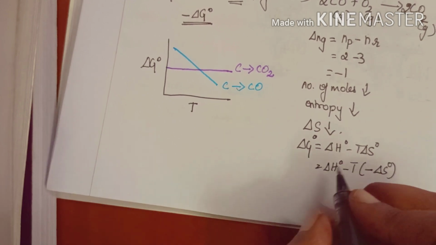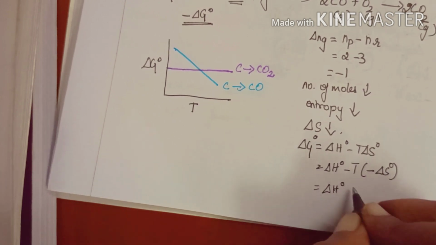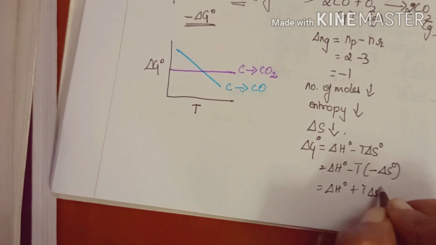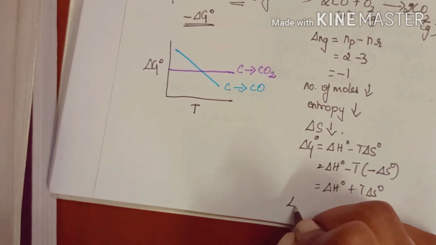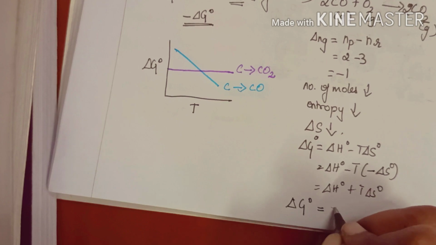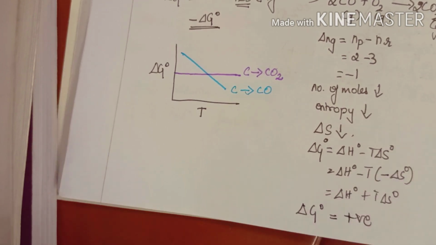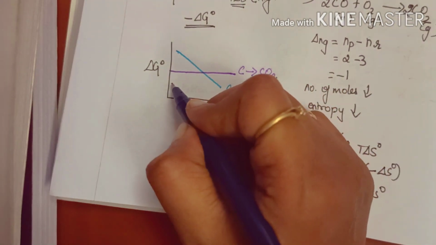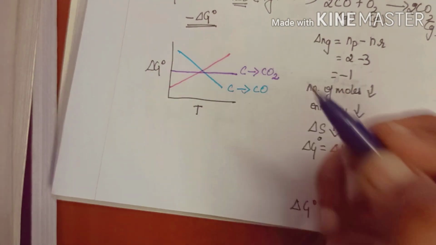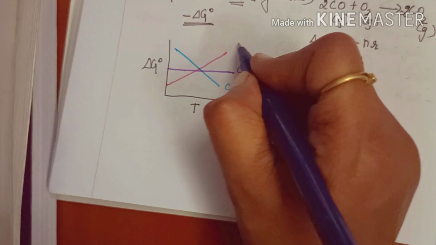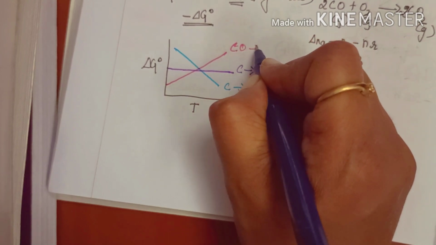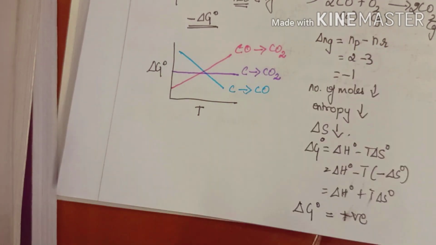So minus into minus will become what? Plus. So plus T delta S naught. So here what will be delta G naught? Delta G naught will be positive because both are plus. So therefore the plot will be like this. This is the plot for carbon monoxide to carbon dioxide.